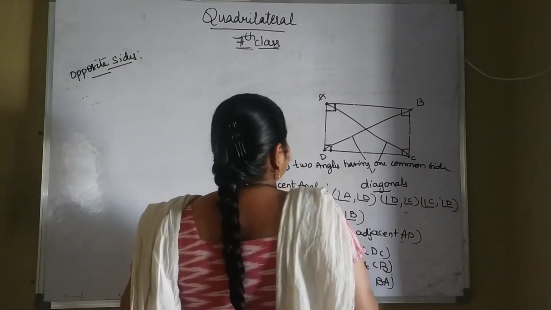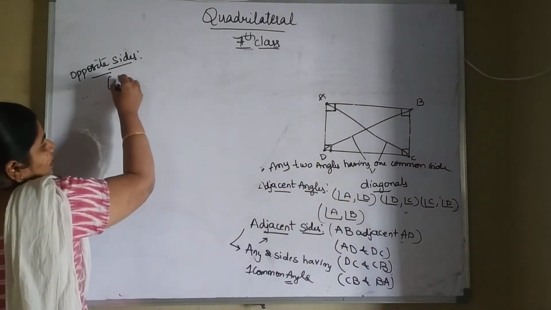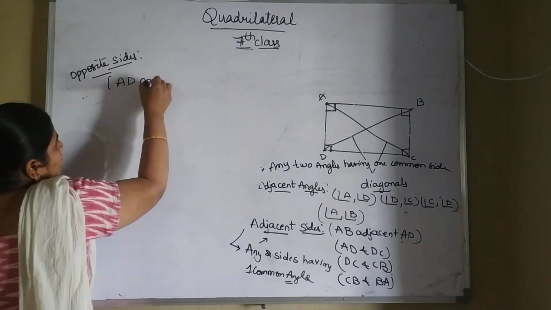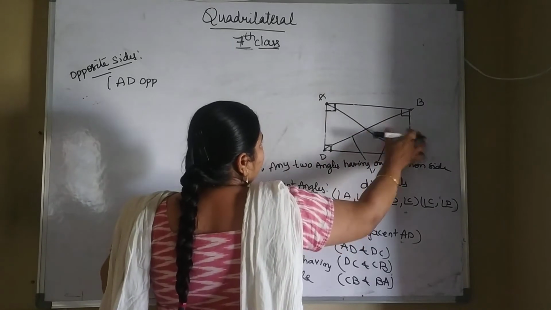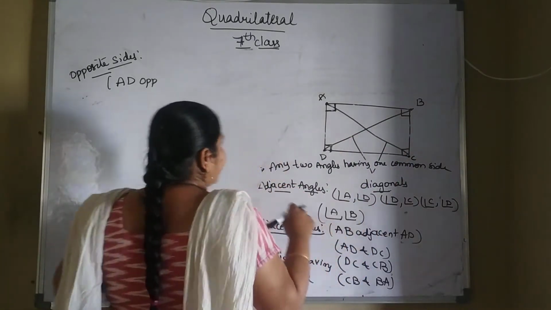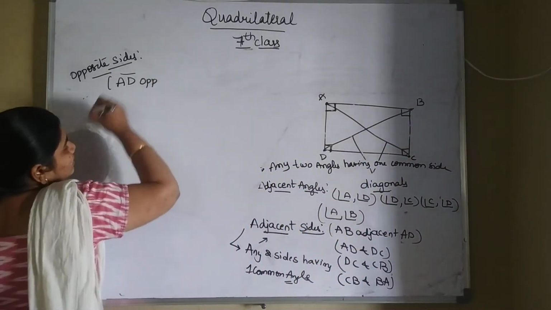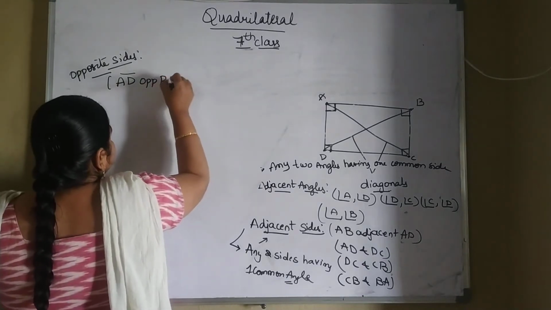So what are opposite sides here? We can write AD is opposite to BC. They do not have any common vertex. So AD line segment is opposite to BC line segment.